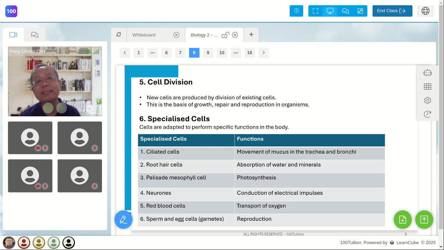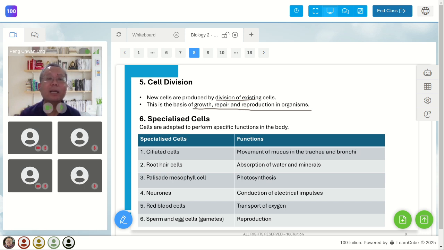At the same time, if your cell is damaged, the cells will divide and repair. So basically, this is the basis. That means the division of existing cells is the basis for growth, repair, and reproduction in all living organisms. Okay, there's something to note.